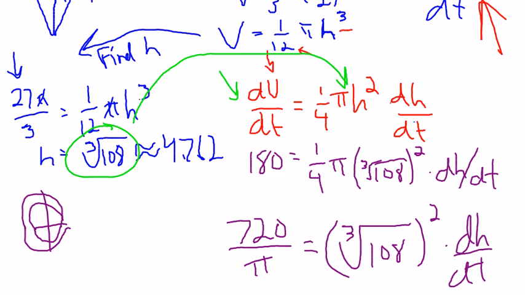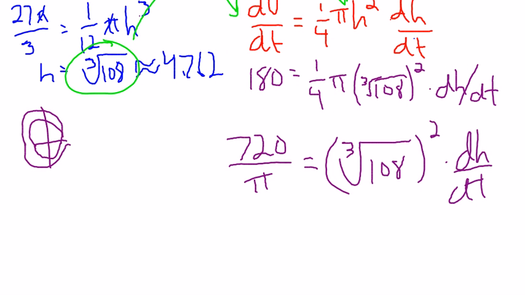The reason I stopped there is because I want to talk about how I'm going to plug this into my calculator. I obviously can't show you on the computer here, but I can talk about it. So what I would do is type 720 divided by pi and hit enter. I'll get a number. Doing this in the calculator may be kind of confusing.